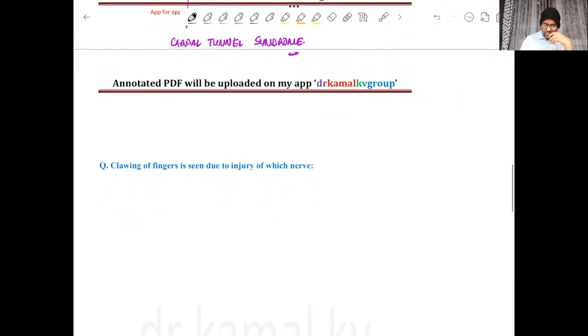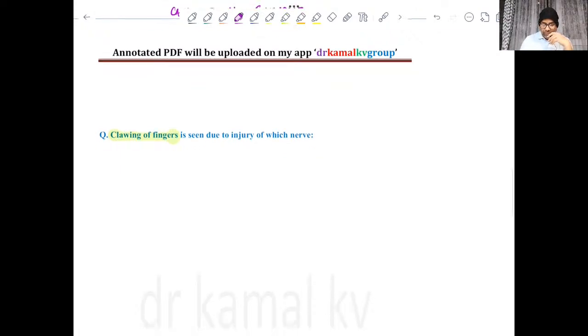Then there was one question about clawing of fingers. I couldn't recall the exact question, because if you say clawing of fingers and there is nothing specific, then the answer has to be both median nerve plus ulnar nerve, because clawing might suggest complete clawing.